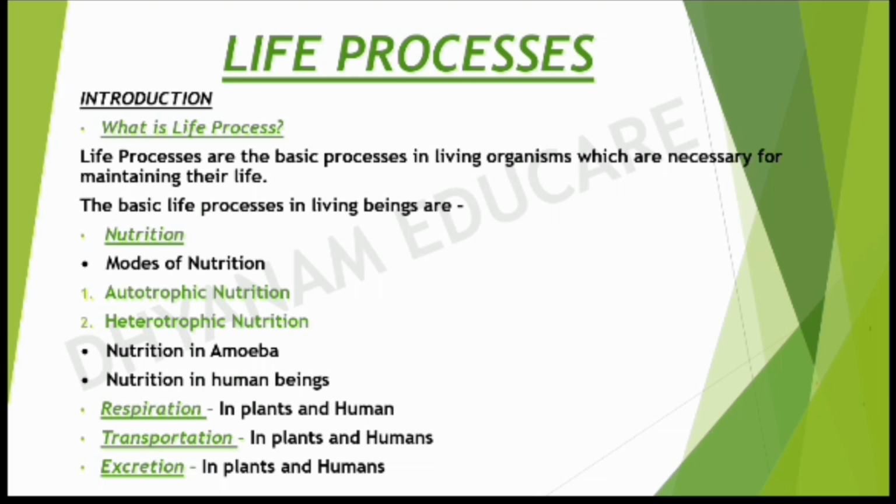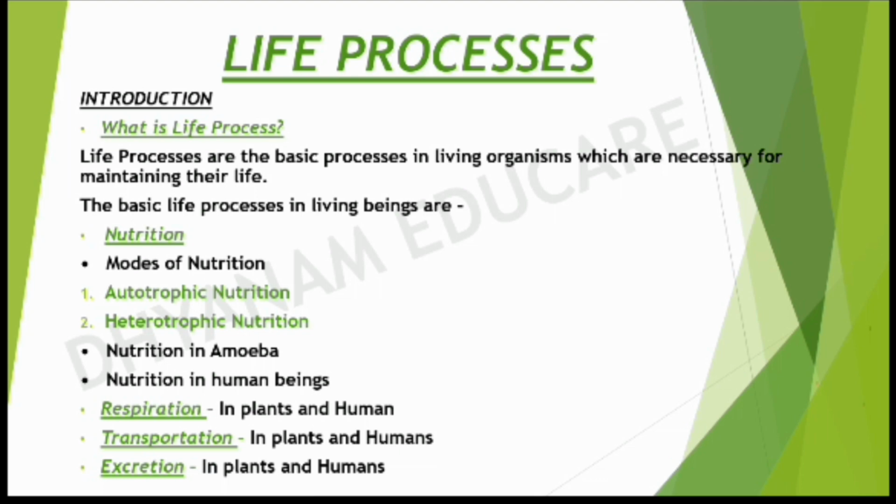Then we are going to study nutrition in amoeba and nutrition in human beings. In respiration, we are going to study respiration in plants and humans, transportation in plants and humans, and excretion in plants and humans. Now let us understand from the introduction.